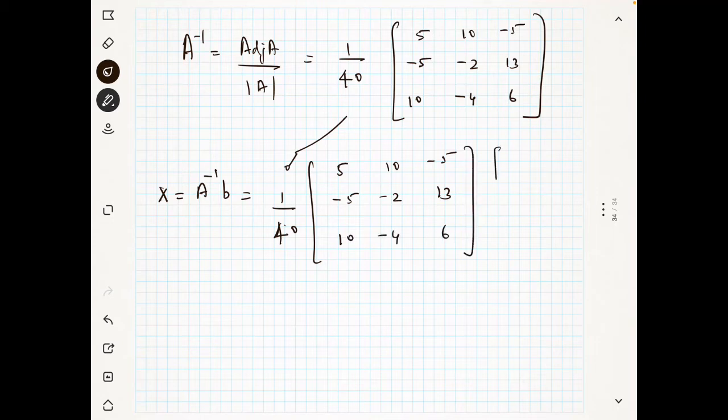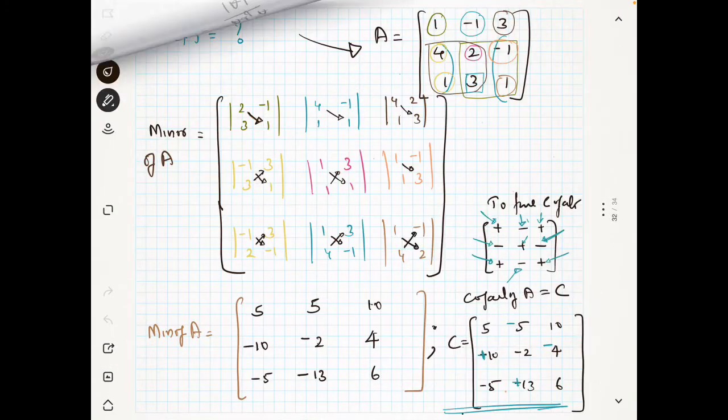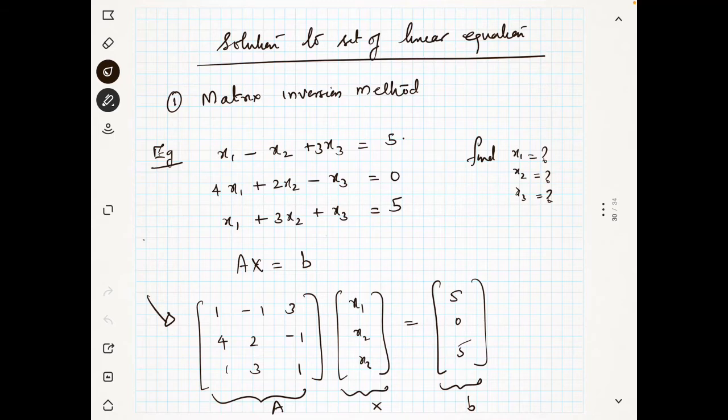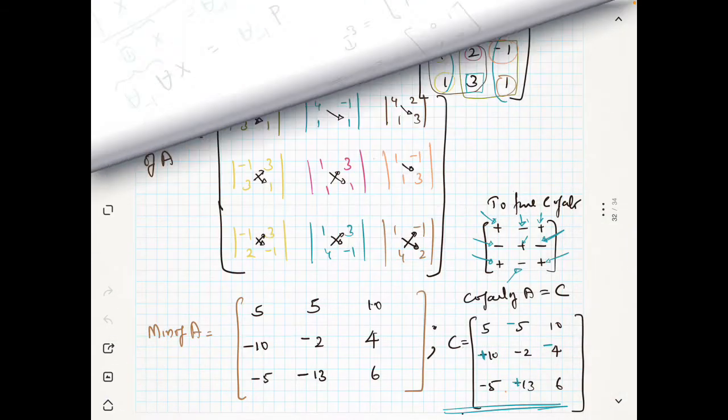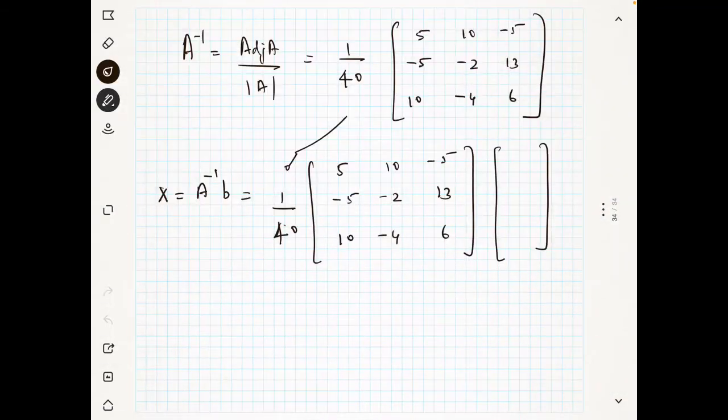And I will multiply it with the B matrix, you know what is that B matrix? Yes, this is my B matrix, 5, 0, 5. So you multiply this, you will get the answer as 0, 1 and 2.